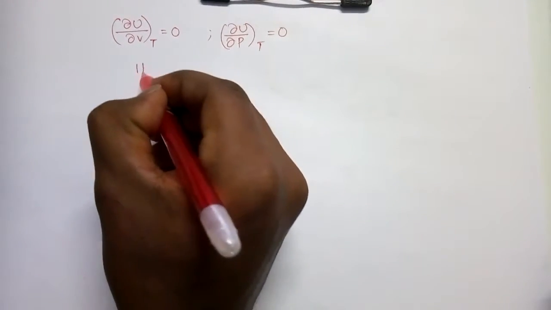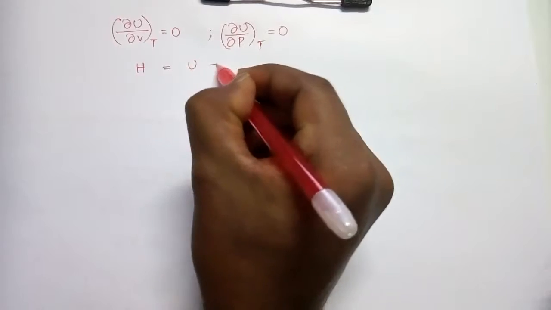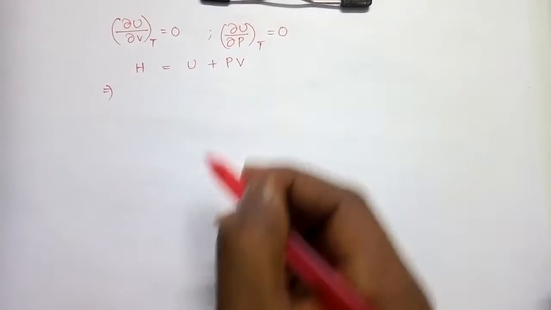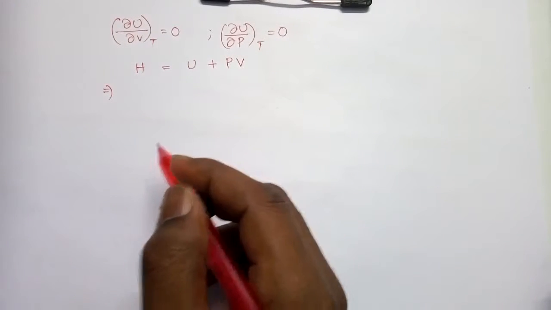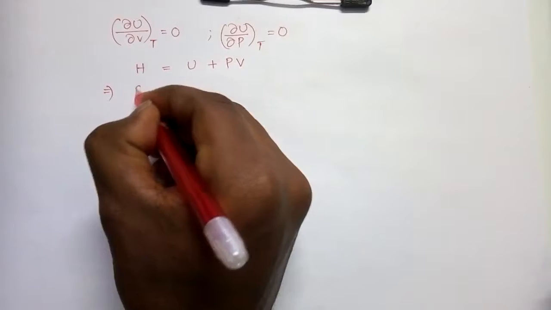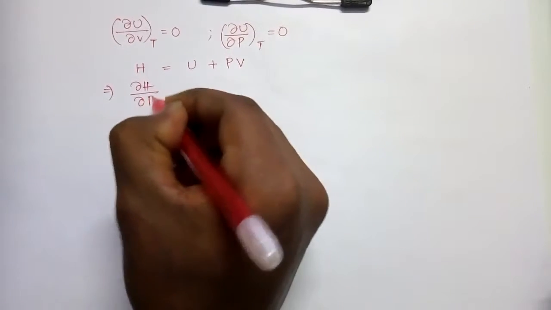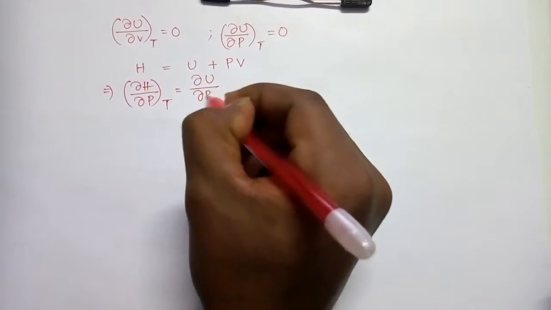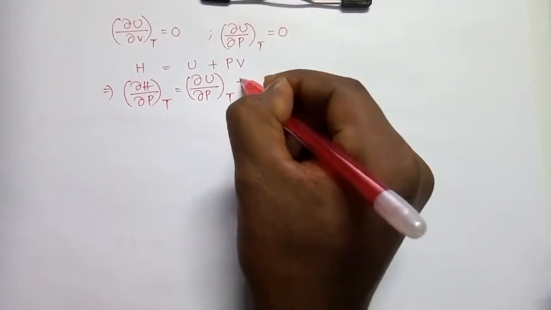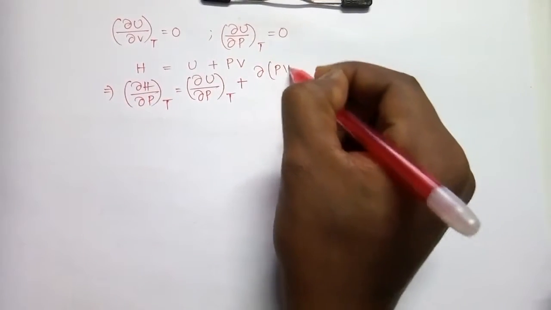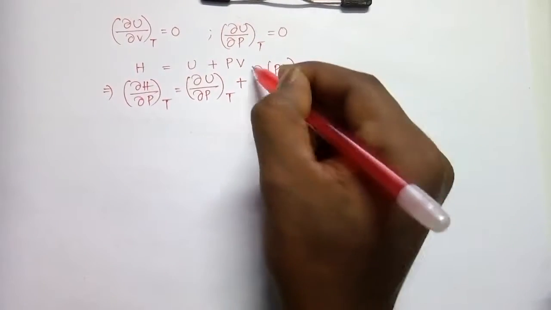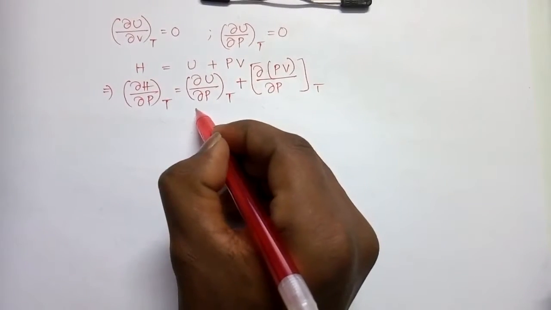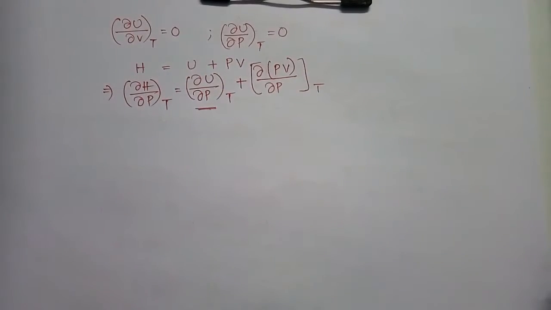Now we can write enthalpy H equal to U plus PV. Differentiating this equation with respect to P at constant temperature, we get del H del P at constant T equal to del U del P at constant T plus del PV del P at constant T. Now we already proved that del U del P at constant T equal to 0.